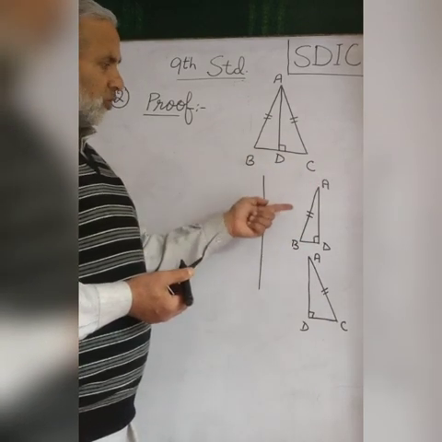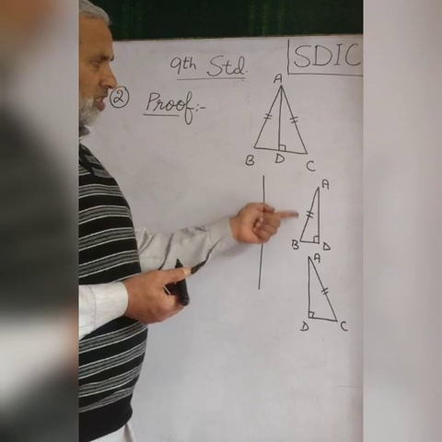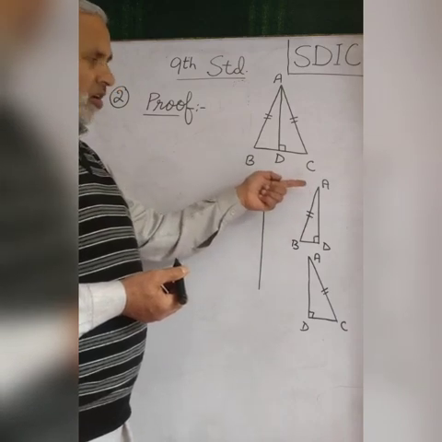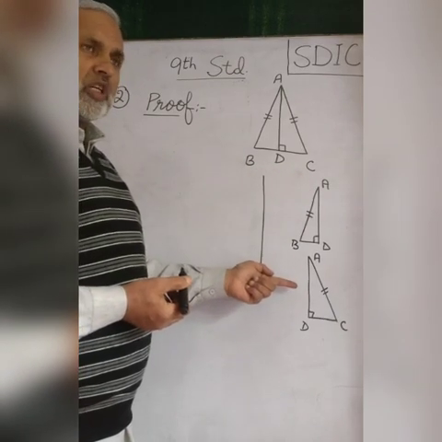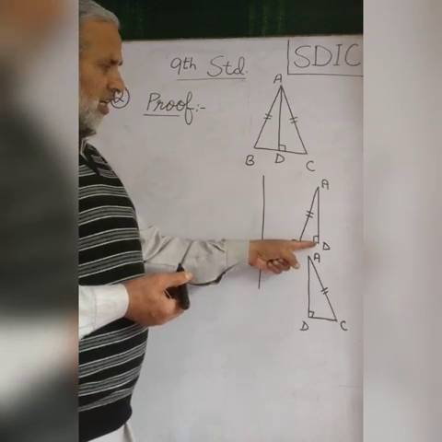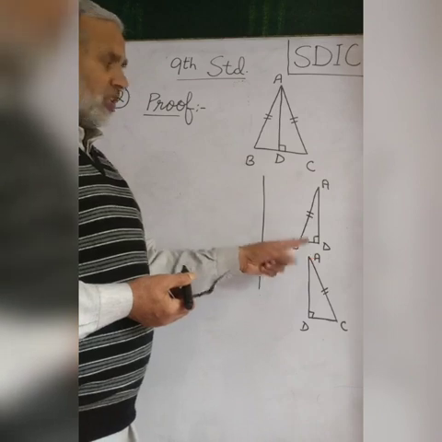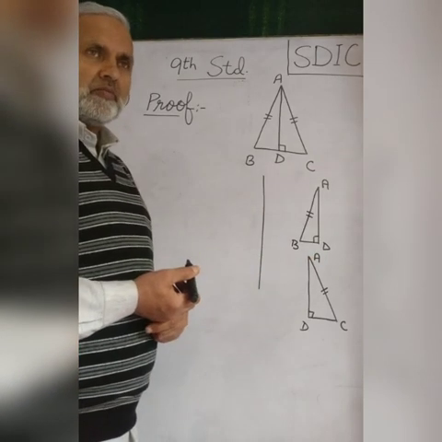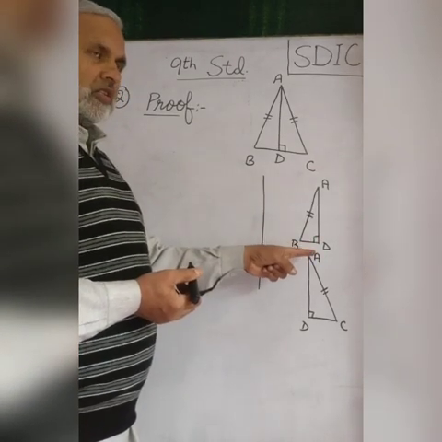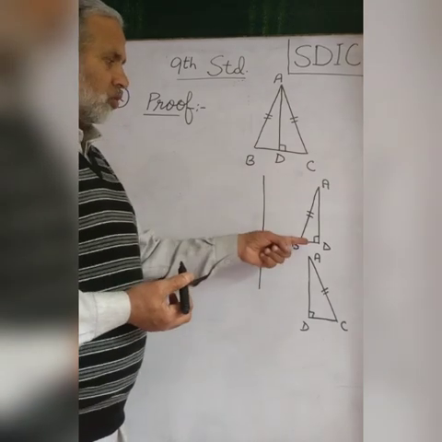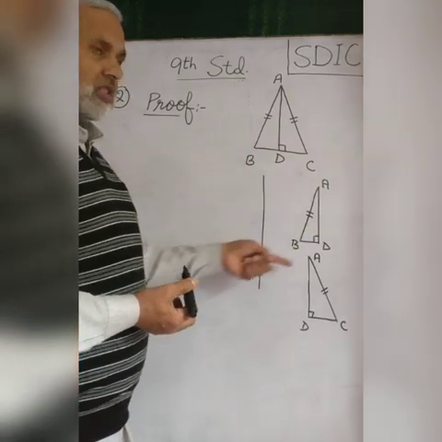Therefore, the included angle of these two sides is at vertex A, which we do not know is equal to the corresponding angle. Instead, we have angle at vertex D equal to angle at vertex D, which is a right angle. Therefore, the SAS rule will not be applied. On the other hand, we have the rule called RHS, which fulfills the conditions here. So we'll use that rule.